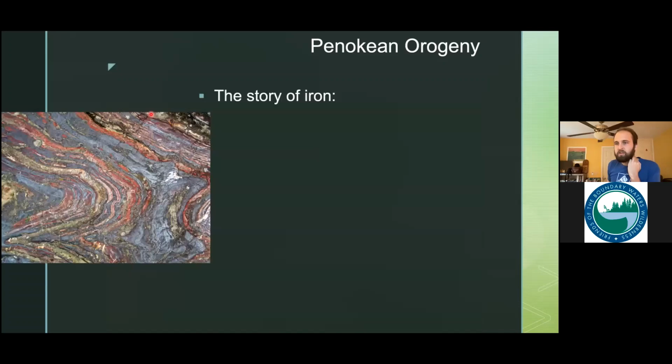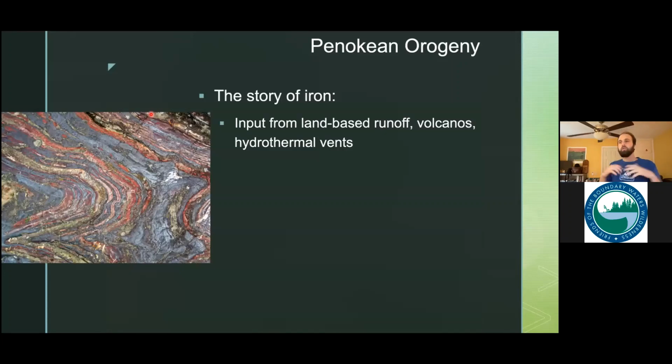So this is a picture of a banded iron formation that I think is from the Soudan mine in Minnesota. And so basically what happens to create these iron formations is that in the oceans, you have input from land, you have volcanoes underwater, and you have hydrothermal vents. And all of these things are putting iron into the water.